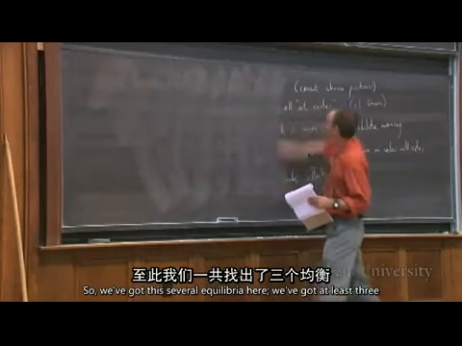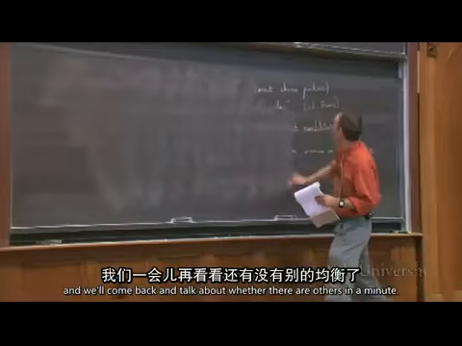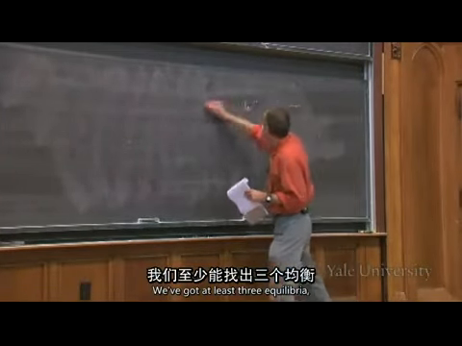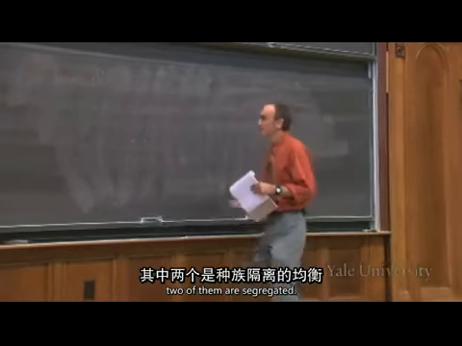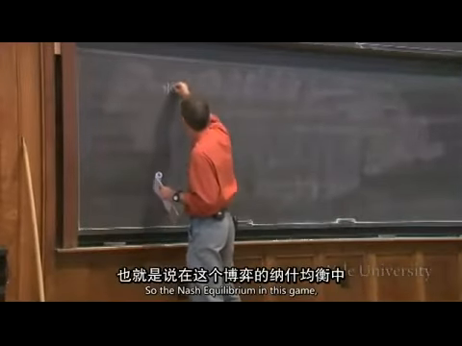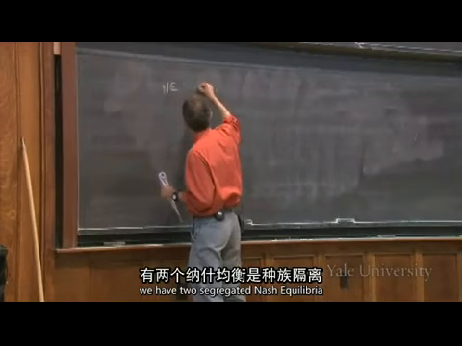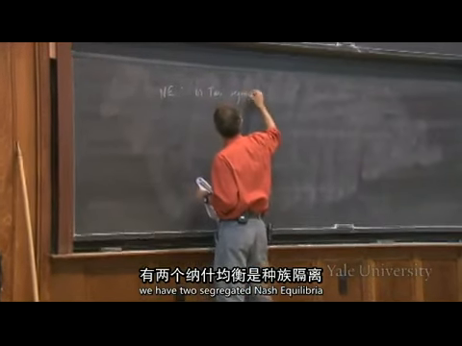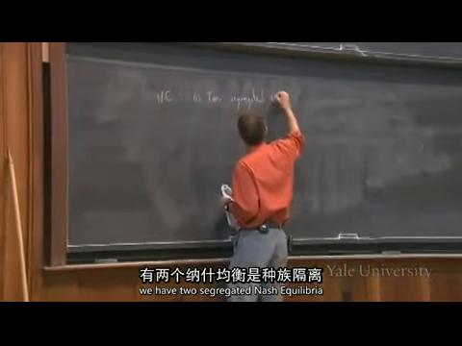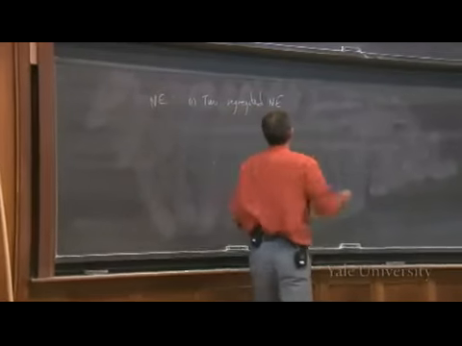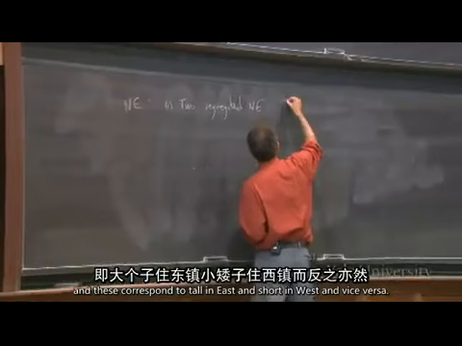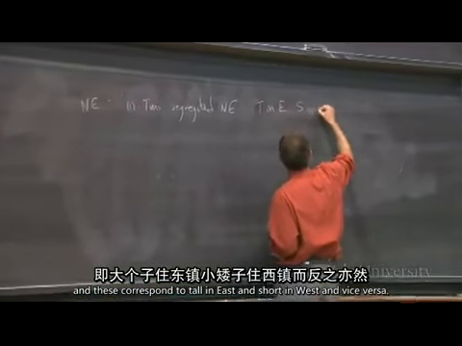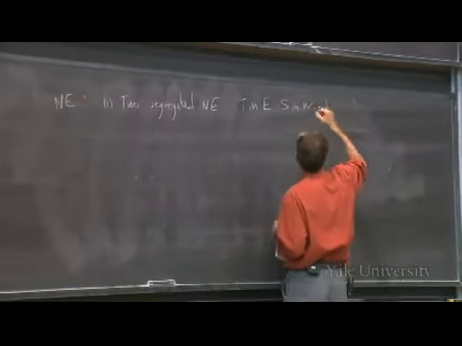We've got at least 3, and we'll come back and talk about whether there are others in a minute. 2 of them are segregated. So the Nash equilibria in this game, we have 2 segregated Nash equilibria. These correspond to tall in East and short in West and vice versa.